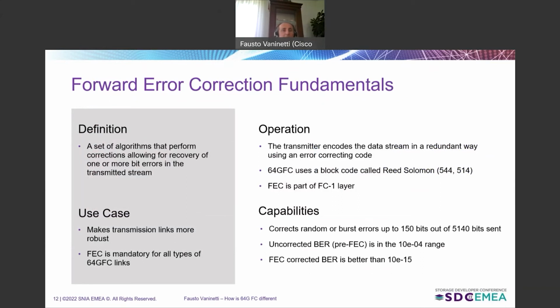The typical use case is to make transmission links much more robust to noise and other potential challenges. Forward error correction was introduced as an optional element for 16 gig fiber channel. It has become mandatory at 32 gig and now 64 gig fiber channel.